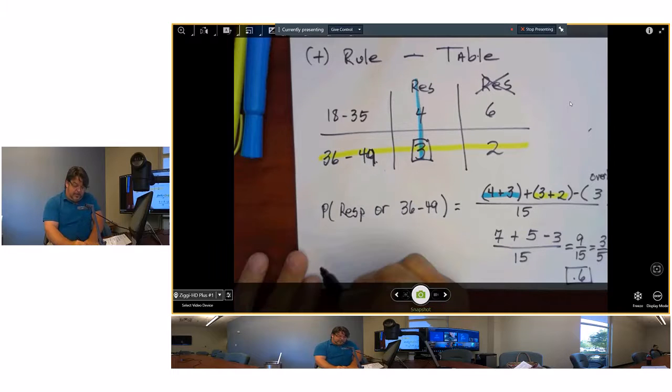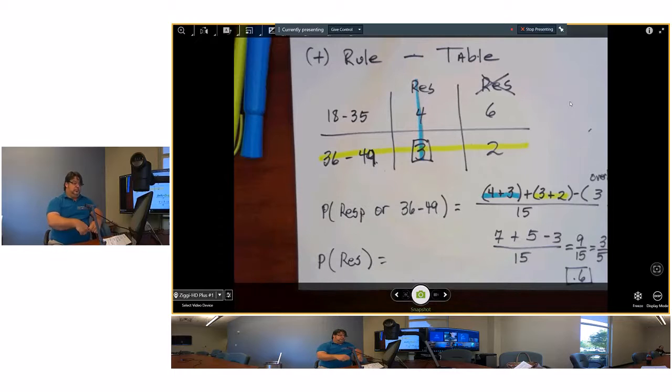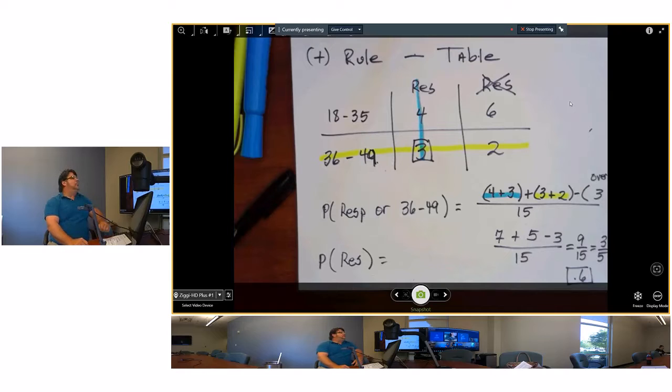So P of responded. Do you subtract an overlap on this one?